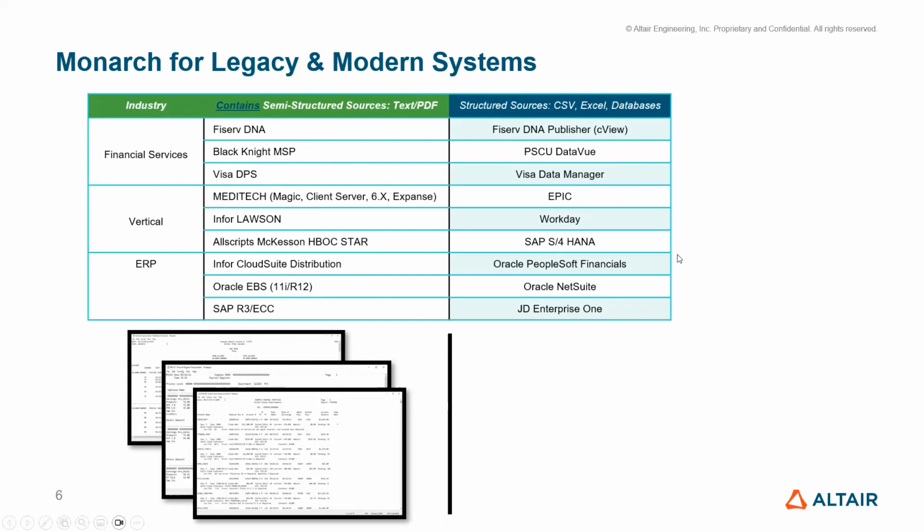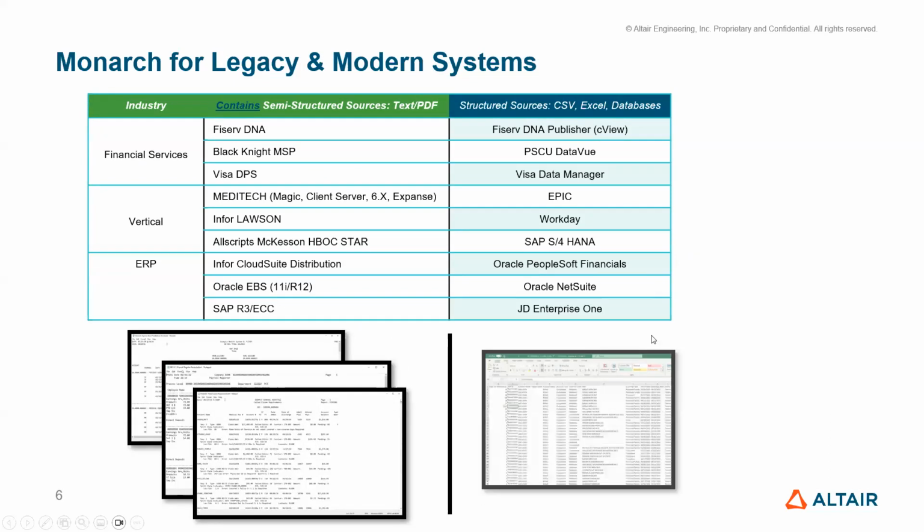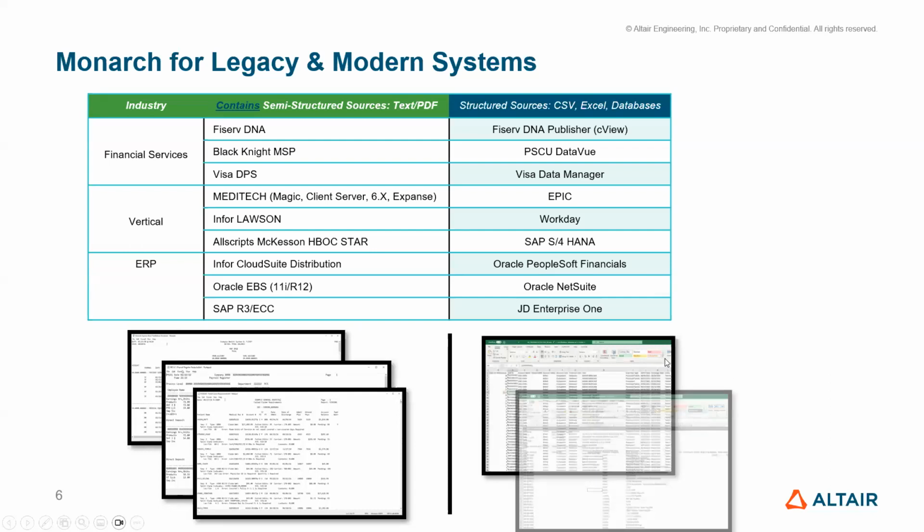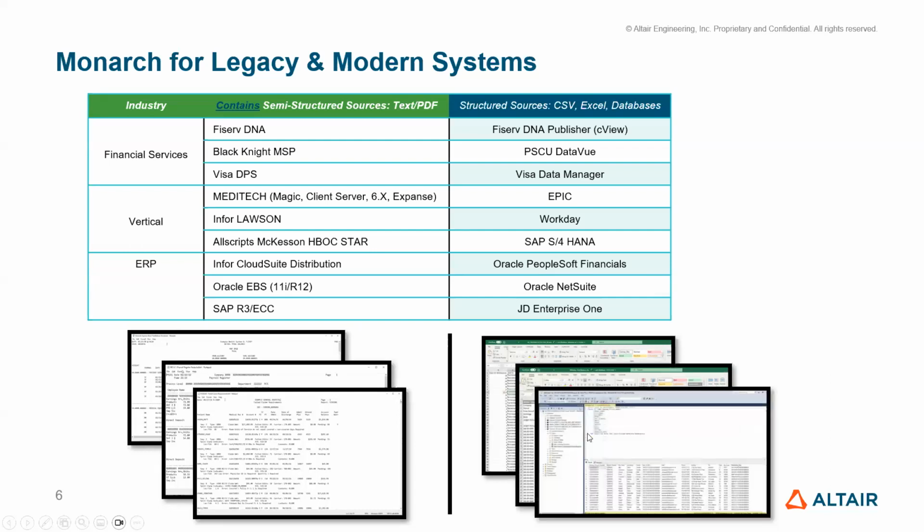Now, on the right side, which is what we'll be talking about today, is these systems that generate spreadsheets or CSV files, or you have a database you can connect to. And so most people don't think about Monarch when it comes to these kind of files. But as you'll see today, there's really a lot of unique capabilities that we have when working with those files.